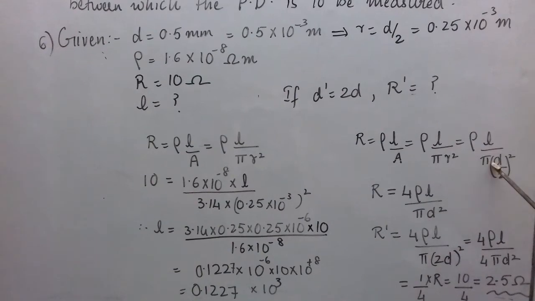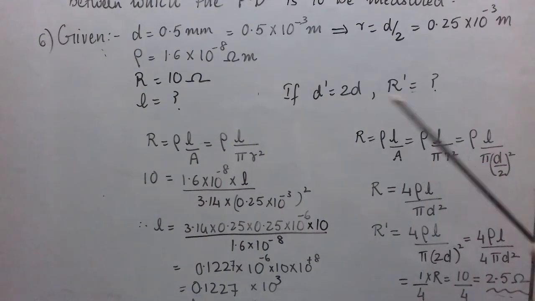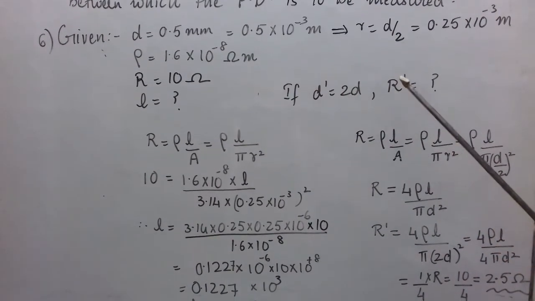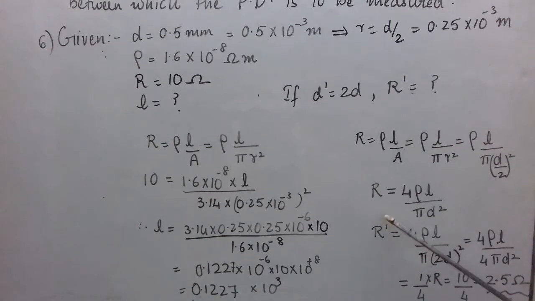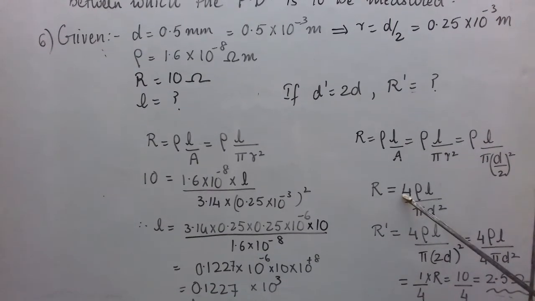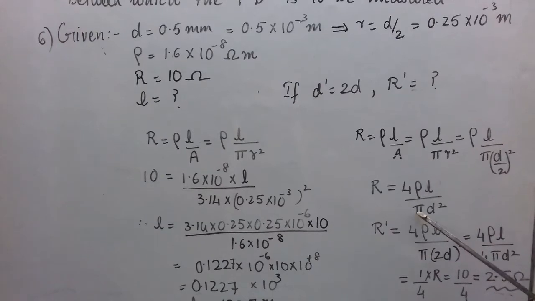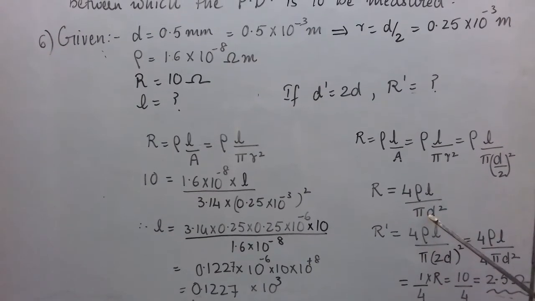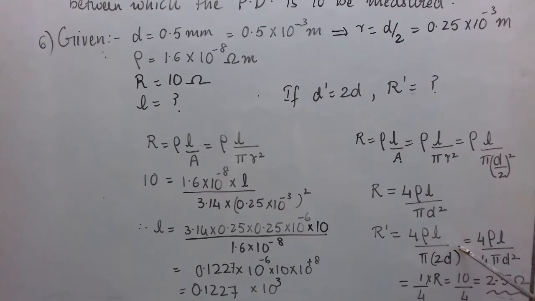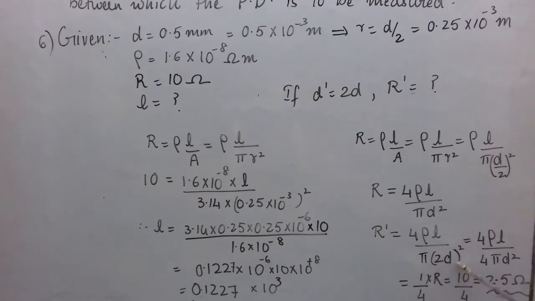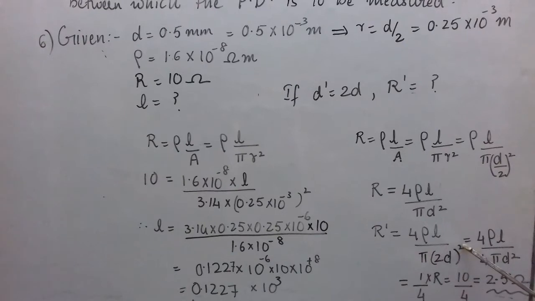This is when d is a diameter. So let us say if d dash is 2d, resistance is R dash. So R dash will be equal to 4 rho L upon pi d dash square, which is now 2d whole square. Material is same, length is same, only diameter is doubled. So we can write here 2d whole square.